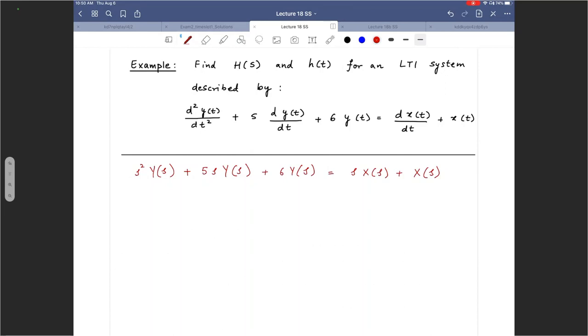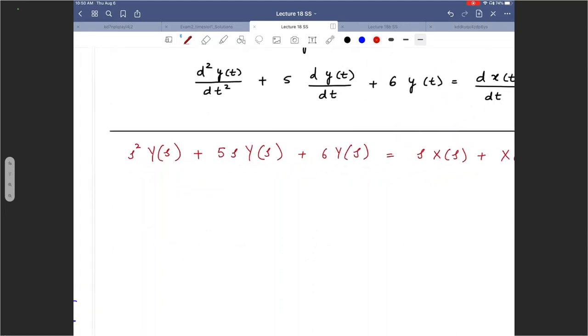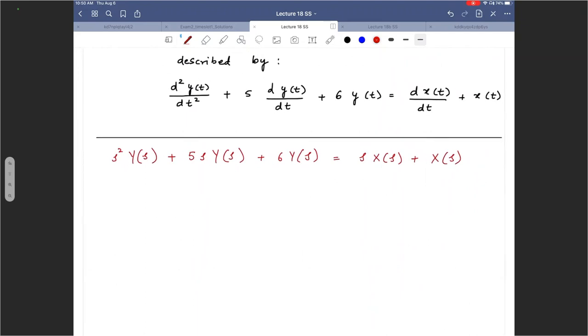Now things are going to be very simple, because now you're going to combine the Y of s terms and combine the X of s terms, and divide to compute H of s. So let's quickly do this. Y of s, if I take that as a common factor here, I'm left with s squared plus 5s plus 6 on the left side, and on the right side I will have capital X of s multiplied with s plus 1.